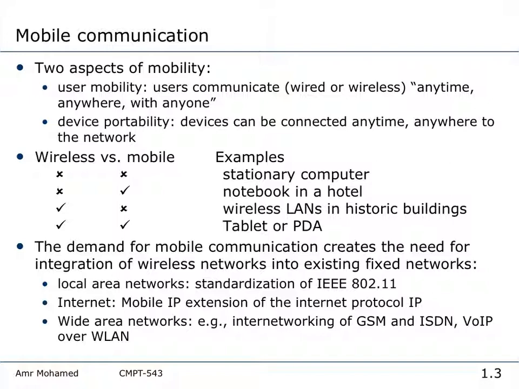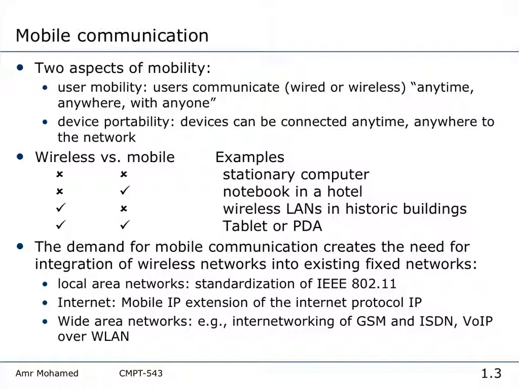We have wireless LANs, or what we call 802.11, with all its variations. We have broadband, we have mobile IP extension, broadband technology including GSM, and now we have 802.16 or WiMAX, and we'll cover some of these as part of the course.